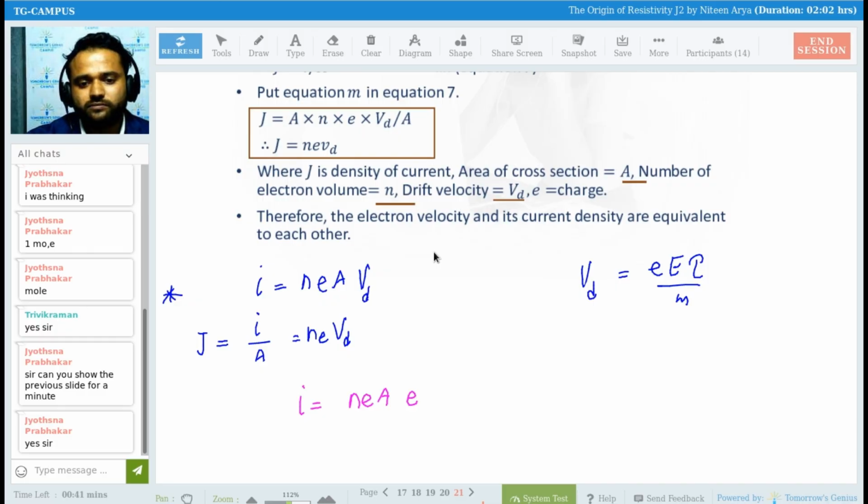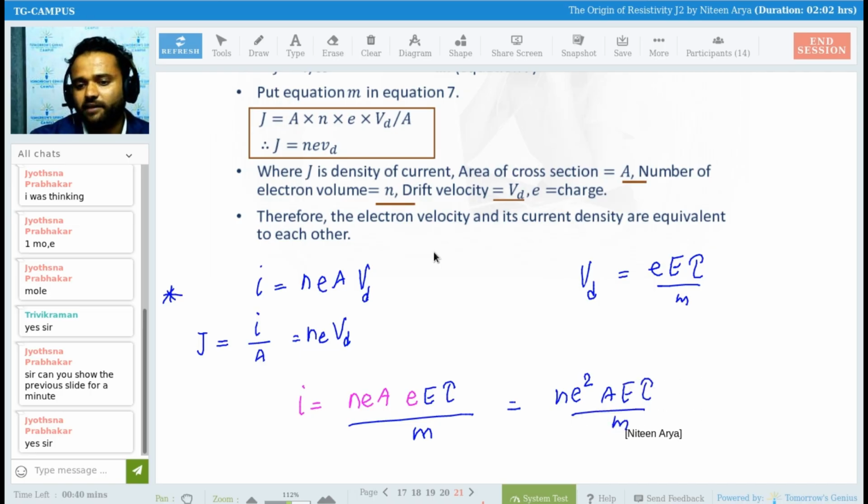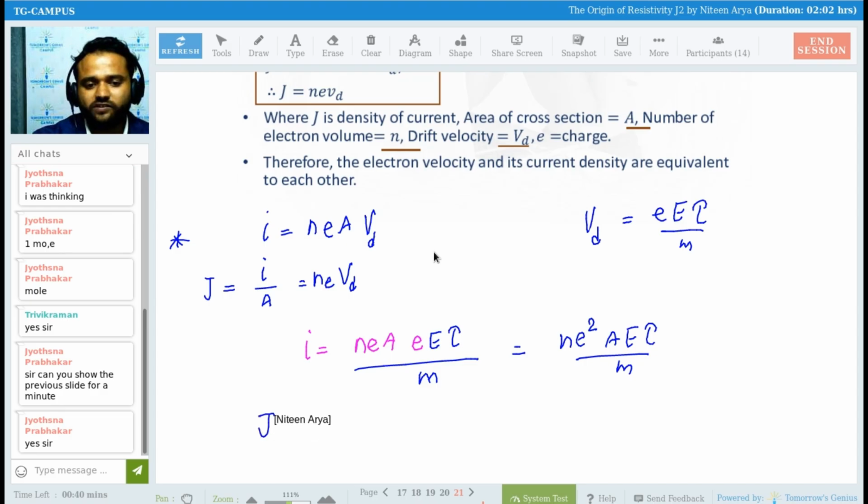So N e A E tau by M, putting this in, N e square A E tau by M. Now in a similar way, J equals I upon A, so just divide the above equation by A: N e square E tau by M. So these are the important relationships for each particular thing.